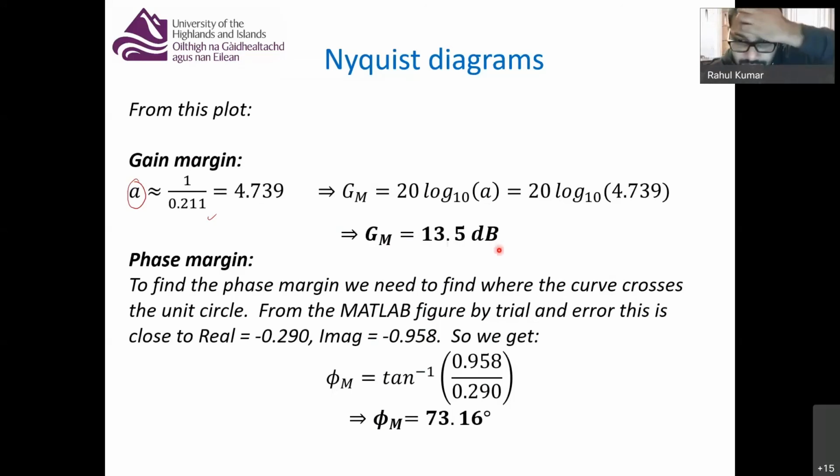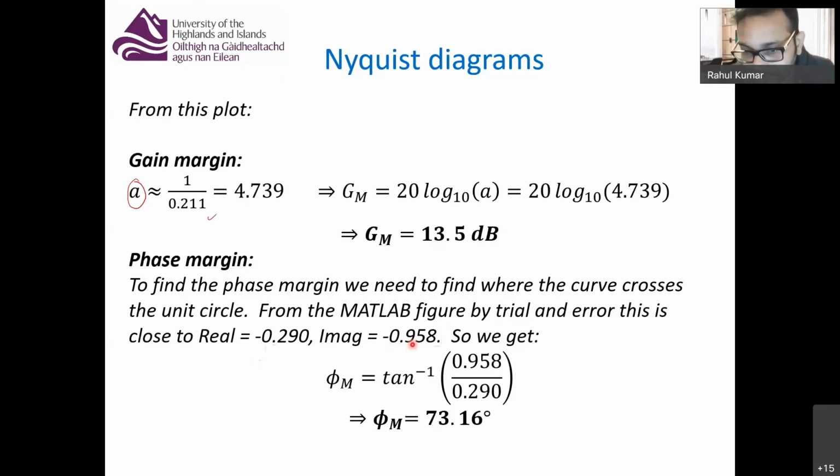Now for the phase margin, it is a bit difficult to find the points where the curve crosses the unit circle. So for the MATLAB figure, by trial and error, the real value is close to minus 0.290, and the imaginary value comes out to be minus 0.95 or 96, right?